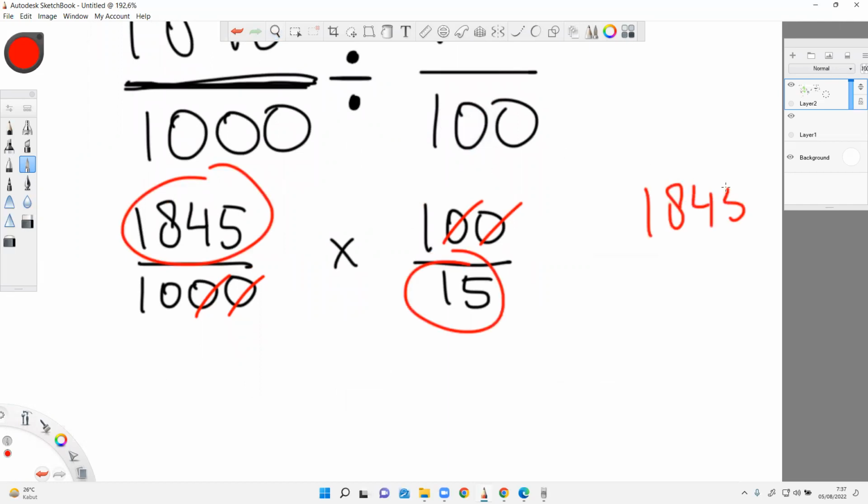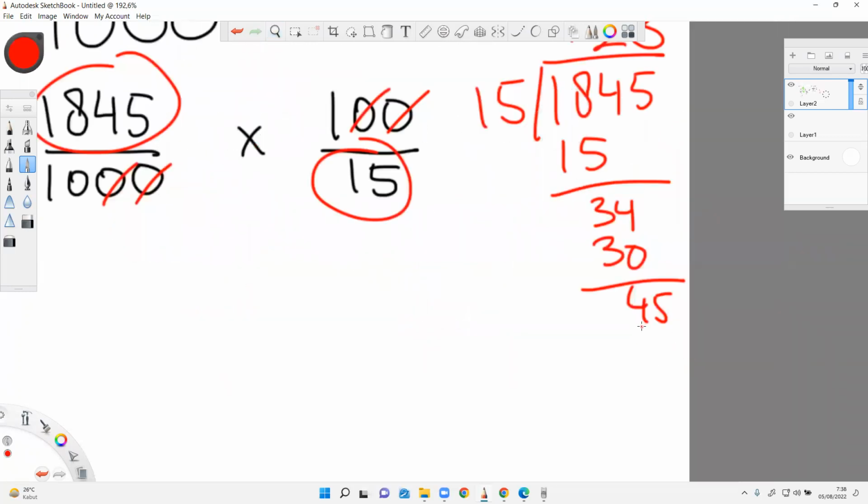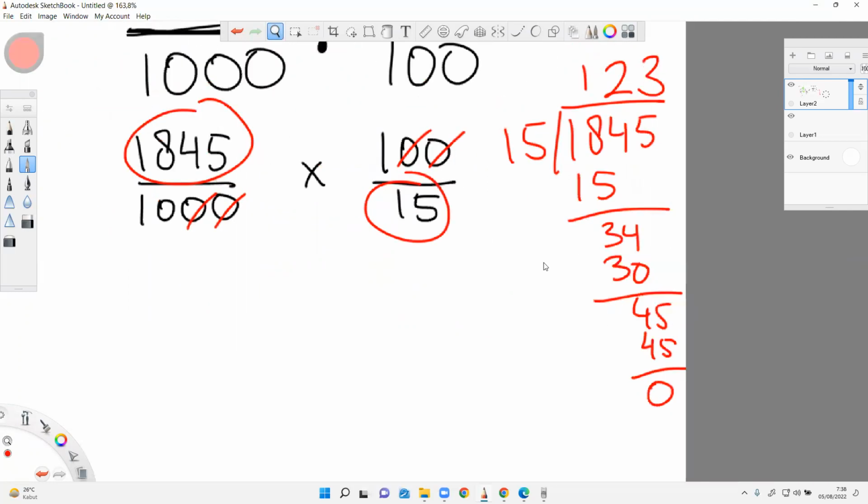I do the calculation here, right? And then 1, 15, 34, 2, 30, right? Make it fast. 45, 3, 45 also 0. So the answer will be 123.